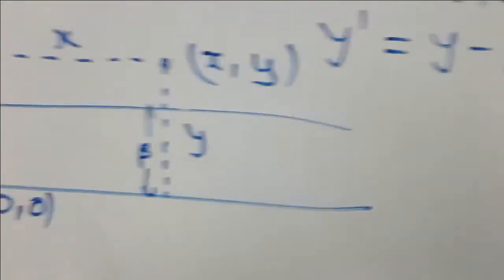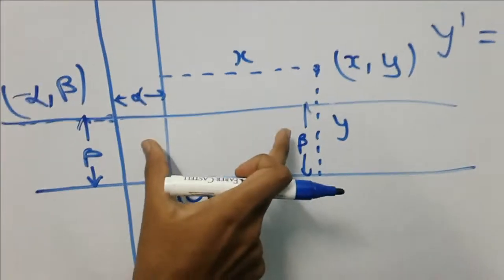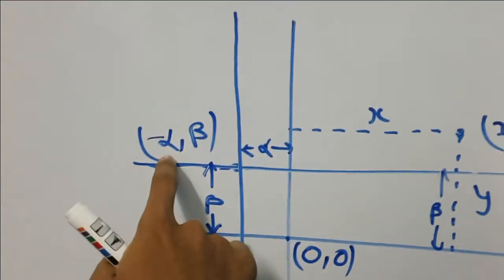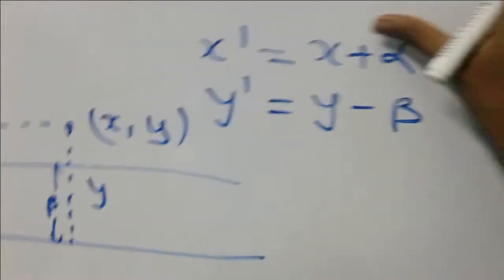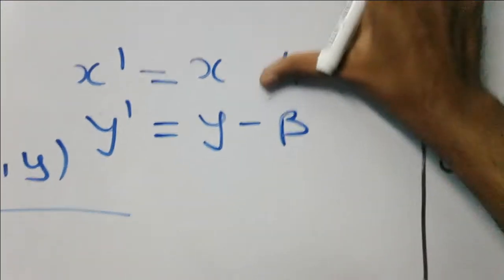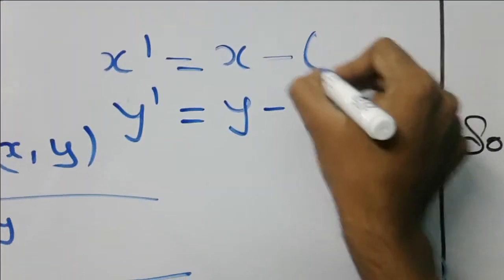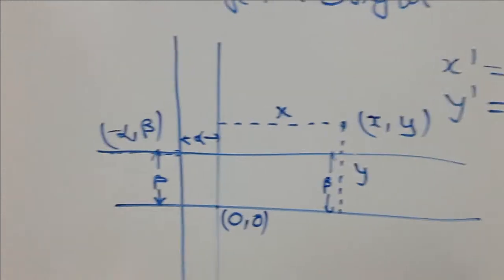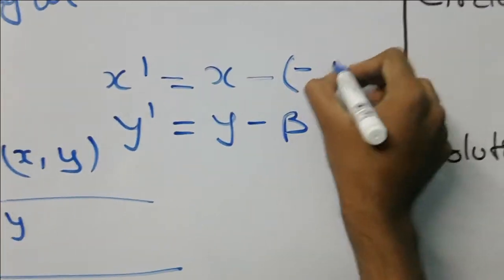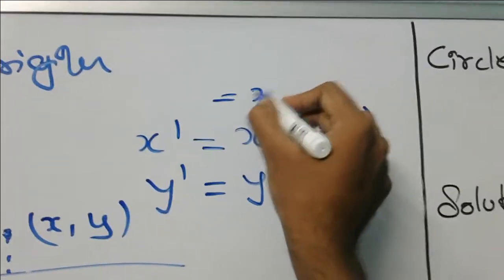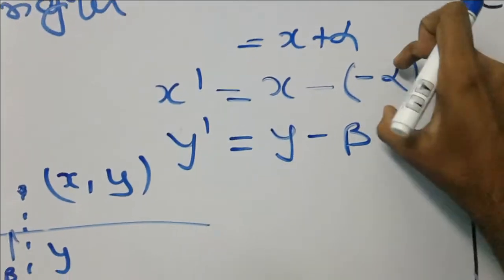First of all, this distance is actually x minus something, because this coordinate is minus alpha, right? So I can write this as x minus the coordinate itself, which is minus alpha. So what I get in the result is also x plus alpha. So this result and this result are always the same.